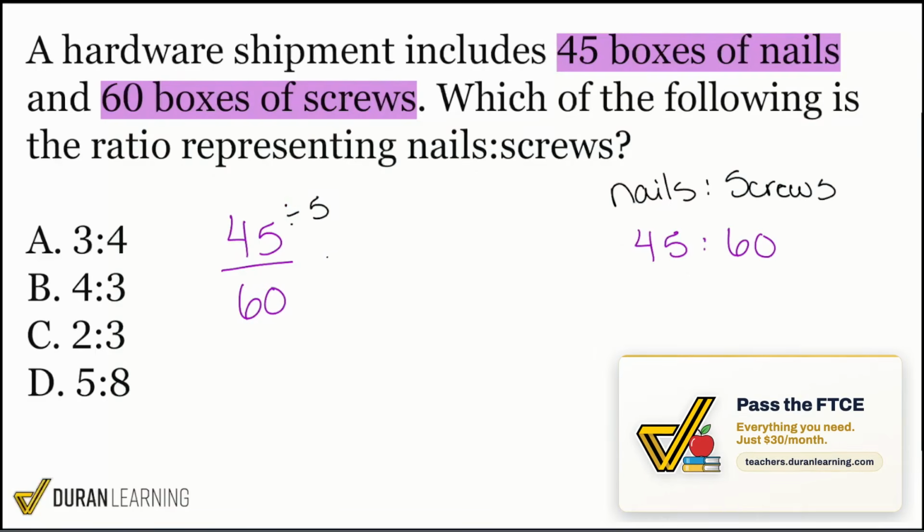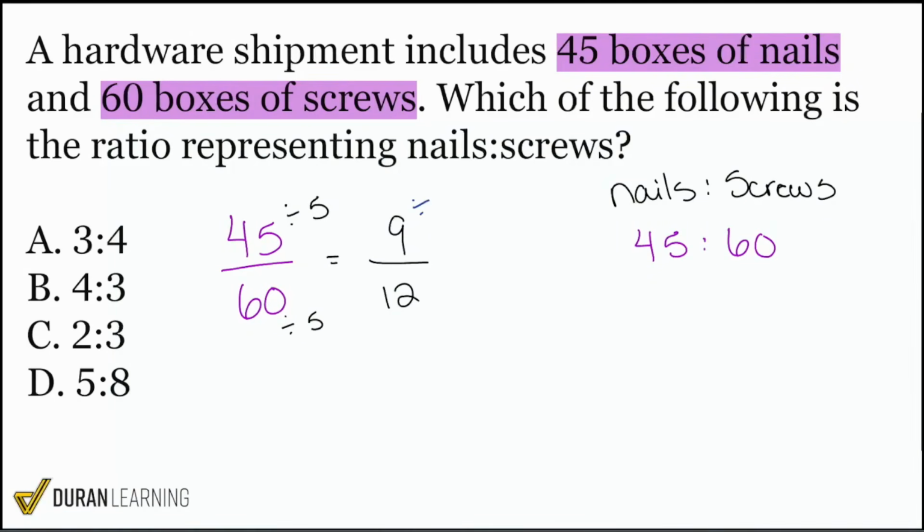Because 45 divided by 5 is 9, and then 60 divided by 5 gives us 12. So we're not done, because we don't see a ratio of 9 to 12. So what we can do is finish things up by simplifying again, where we divide by 3 on the top and the bottom. If you take a look here, dividing by 5 and dividing by 3 is the same as dividing by 15. So you can still get to that big divisor.